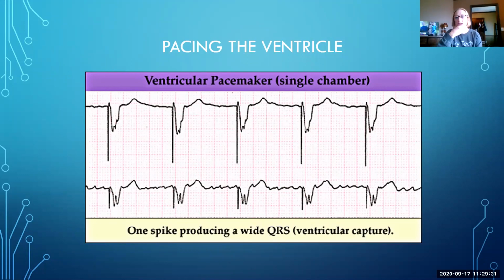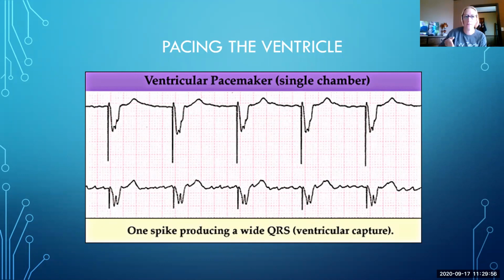So typically with pacemakers, you are going to have a prolonged PR interval and a prolonged QRS. That's because the pacemaker is generating the impulse and it has to travel through and cause the atria or the ventricle to do what it's supposed to do. So there's a slight delay essentially, because it's not coming from the heart's intrinsic pacemaker capability.